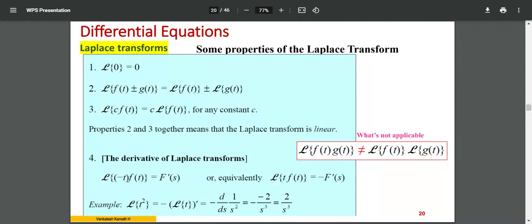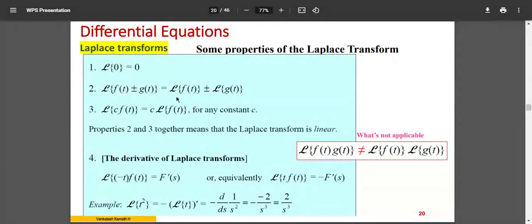Laplace transform of 0 is 0. So if you come across f of t equal to 0, its Laplace transform is 0. Second thing, it is summative. Summative in the sense that you have 2 functions, f of t and g of t, with a sum, plus or minus. The equation can be broken down into 2 equations, f of t and g of t.